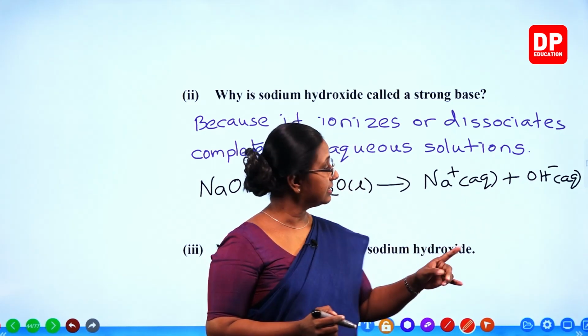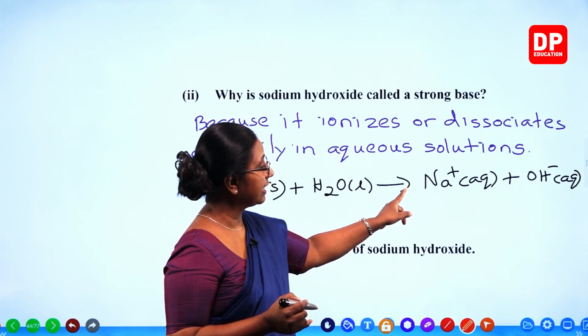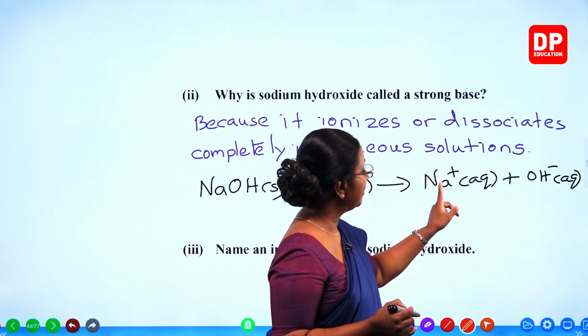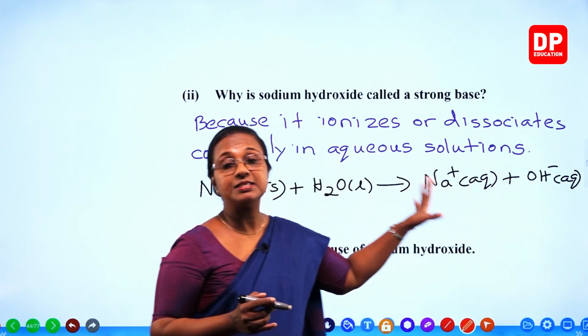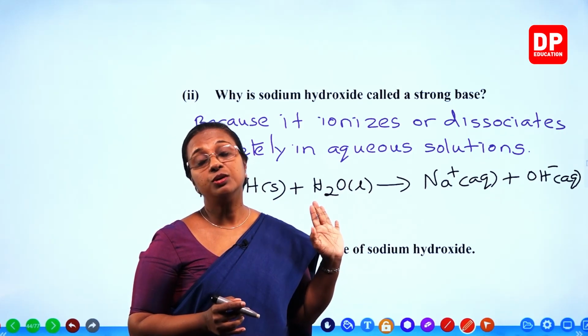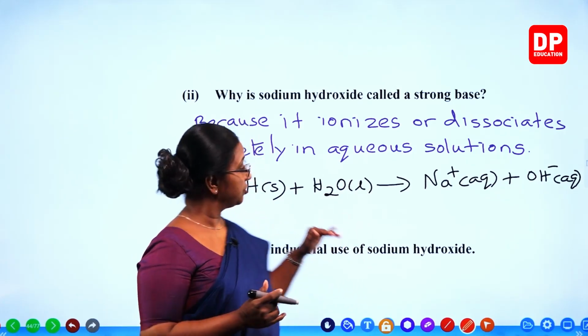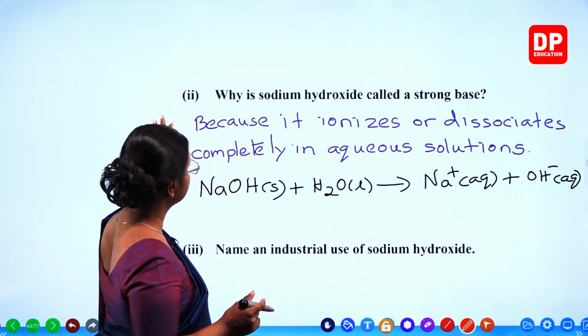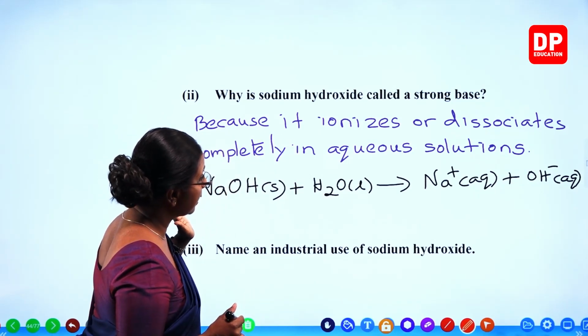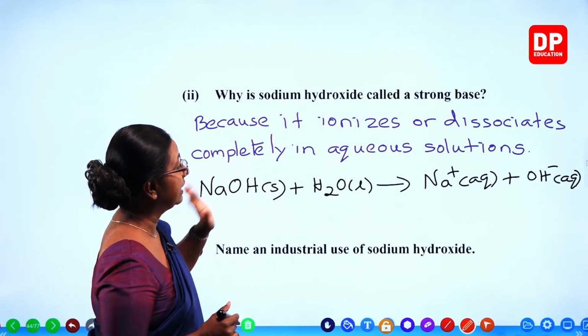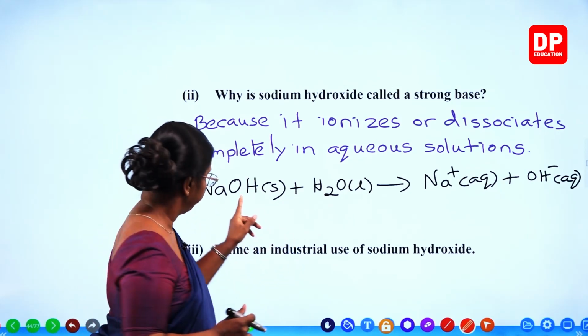So it is a base, and because it completely ionizes and completely they become Na plus and OH minus, that is a strong base. Is that clear, students? You don't have to write this for the answer. This is the answer: because it ionizes or dissociates completely in aqueous solution.